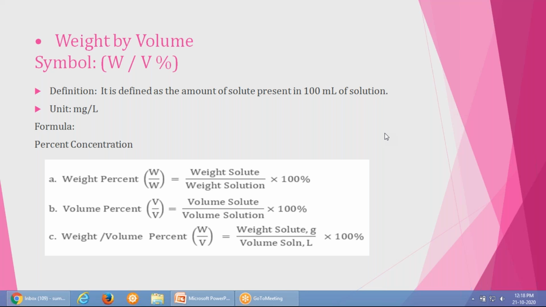So 175 ml of isopropyl alcohol is needed to prepare 250 ml solution. If you subtract 250 ml minus 175 ml, the remaining 75 ml is water. So this 75 ml of water is mixed with 175 ml of isopropyl alcohol to form 250 ml of rubbing alcohol. Okay, ma'am. Thank you.